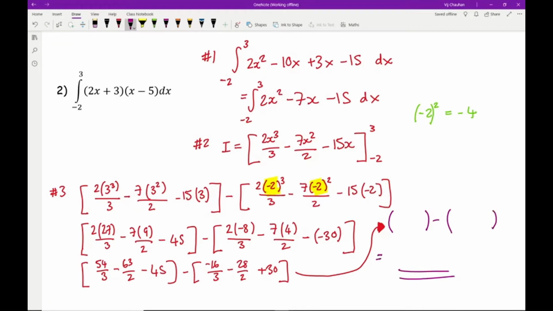So entering that first bracket, I get minus 117 over 2.